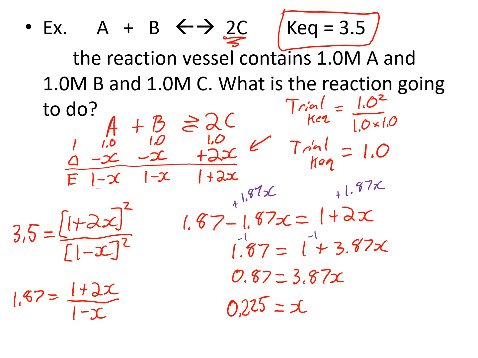That isn't my concentrations of A or B. In order to find the concentration of A now, I need to plug x into this. So I need to go 1 minus 0.225, and that's my new concentration of A, which is 0.775.